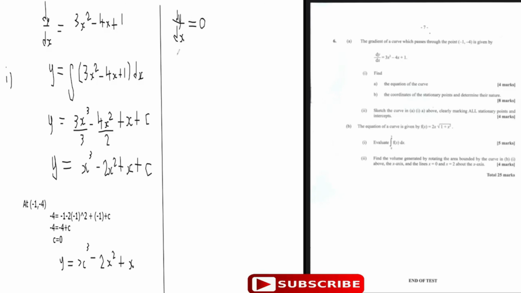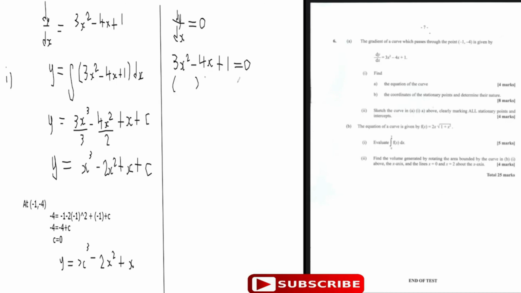By solving dy by dx equal to 0, we are solving 3x squared minus 4x plus 1 equal to 0. And by solving this equal to 0, we factorize it.